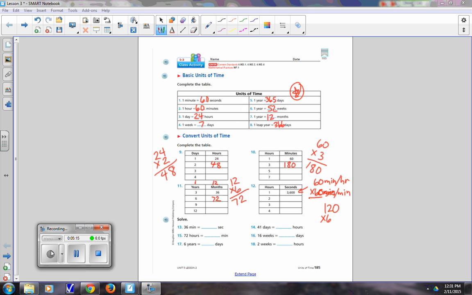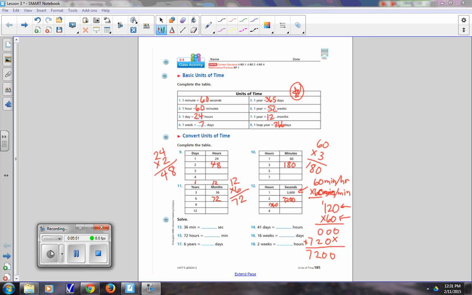I need to know 60 seconds. 7,200 seconds. I have to take the minutes and multiply it by that many seconds each time. So in this case, I would do 3 times 60, and then that amount times 60.